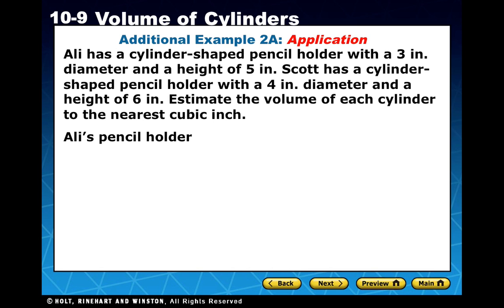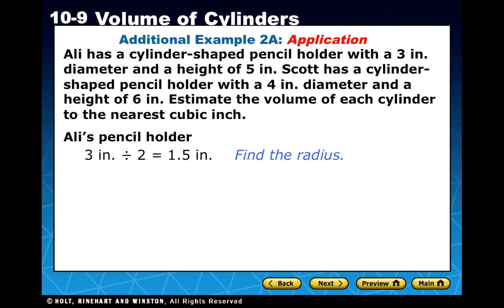Alright, so Allie has a cylinder-shaped pencil holder with a 3-inch diameter and a height of 5 inches. Scott has a cylinder-shaped pencil holder with a 4-inch diameter and a height of 6 inches. Estimate the volume of each cylinder to the nearest cubic unit. So we're going to find the radius.